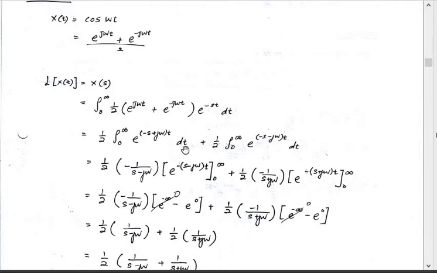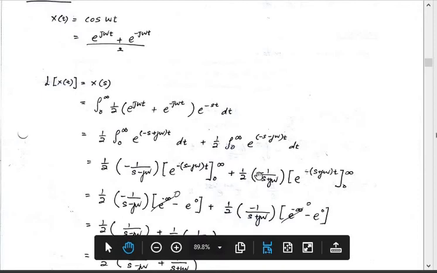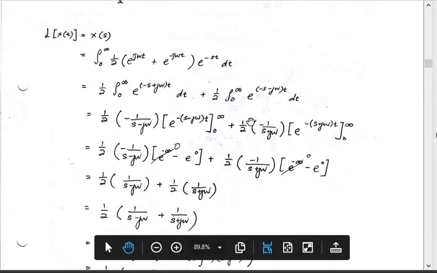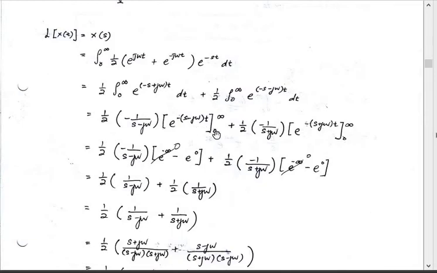So we integrate, you have divided by negative, 1 over s minus j omega. This one is also the same. Integration, I think you should have no problem. So once you've done the integration, you multiply in and substitute the values of infinity and 0.